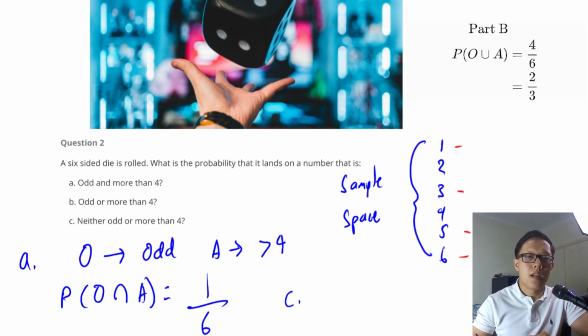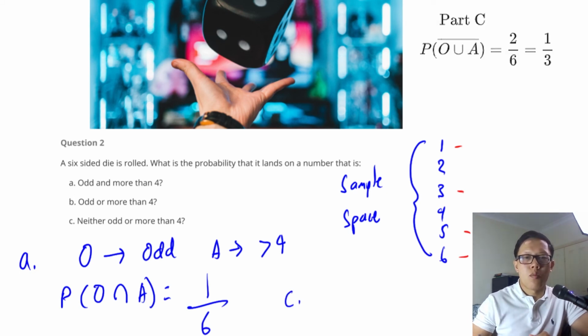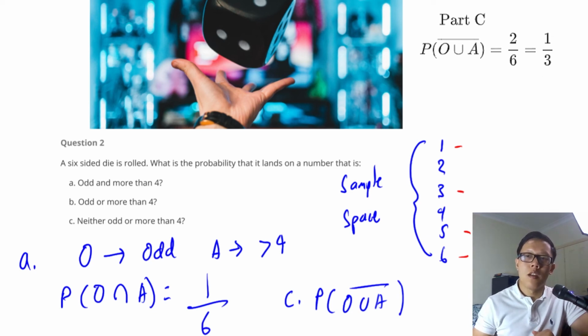Now finally, part C, we want the probability that it lands on a number that is neither odd or more than 4. Okay, so let's have a look. Which numbers are not odd and not more than 4?